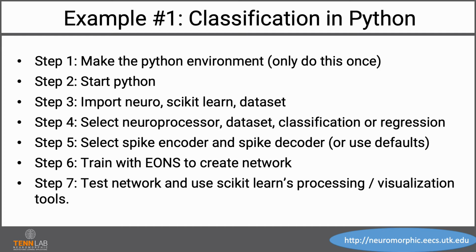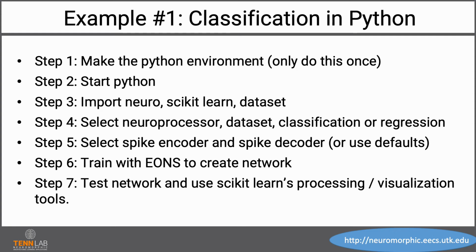Then you're going to start Python, import various packages like scikit-learn, and if you have a data set that's implemented in a Python package, then you would import that. And then you're going to select the neuroprocessor, the data set, and whether or not you're doing classification or regression. This is all inside your Python environment. You select a spike encoder and a spike decoder, or you use the default values, and then you can train using EONS.